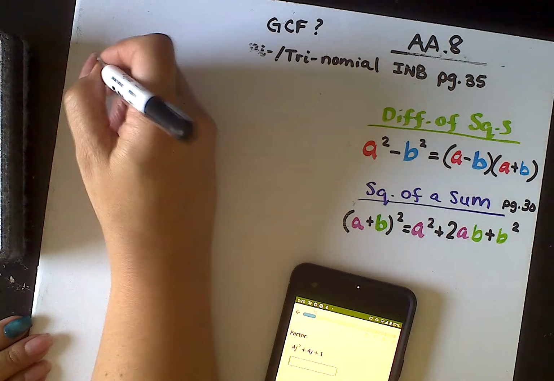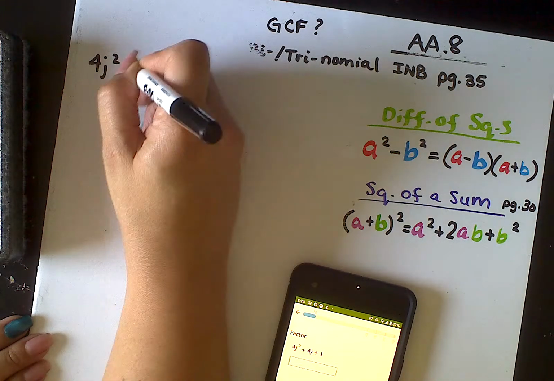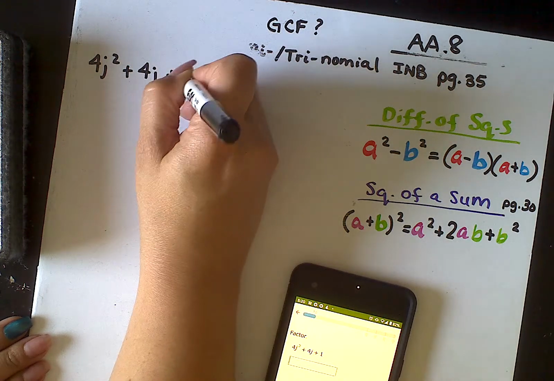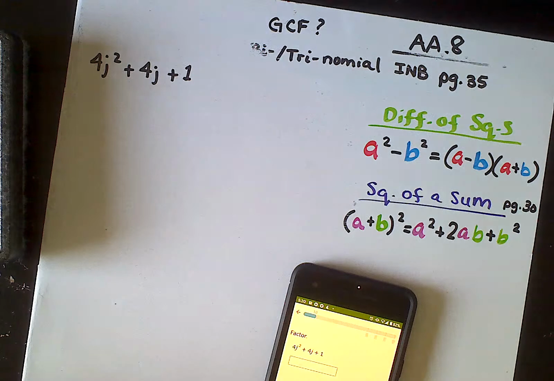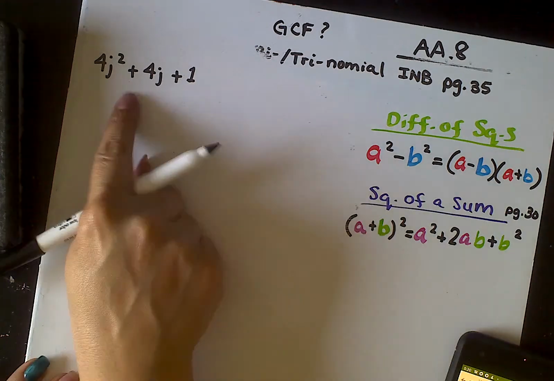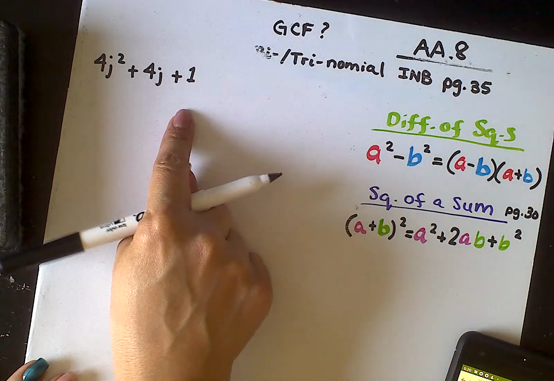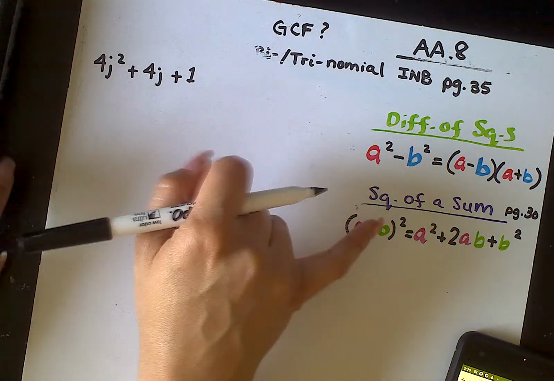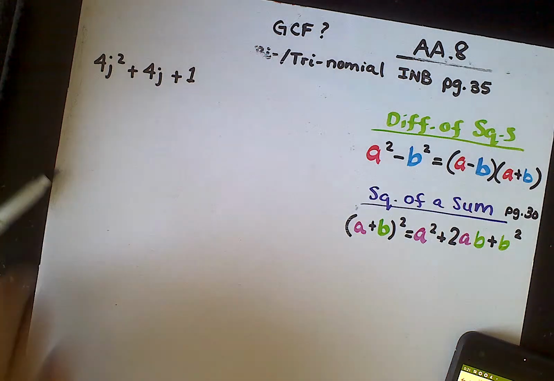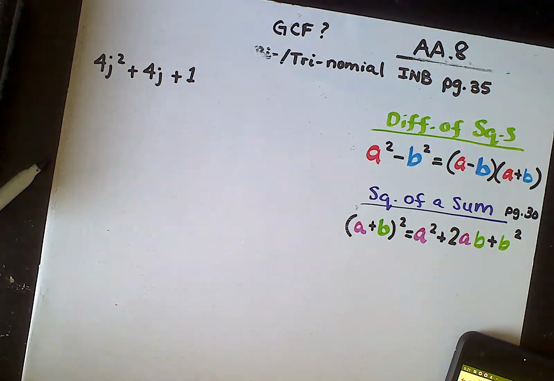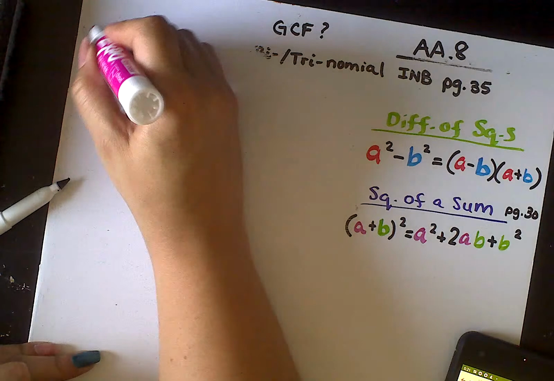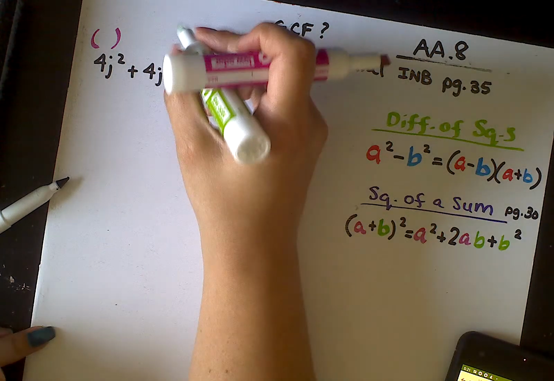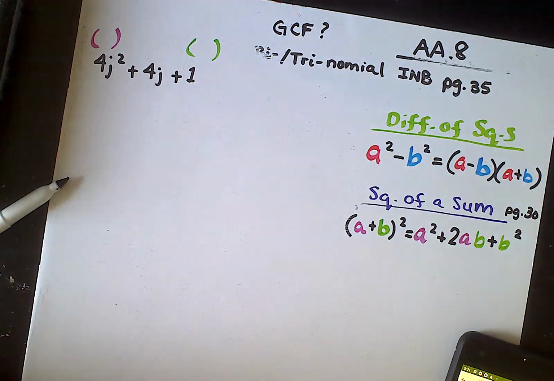Now this one is 4j squared plus 4j plus 1. So what I'm noticing right off the bat is that I have a trinomial with no GCF, but it's all positive. So I could possibly have a square of a sum if, let's check these out here.